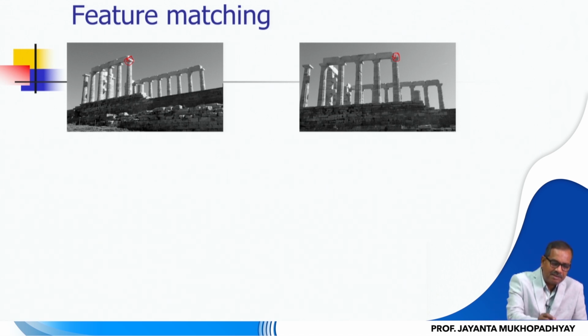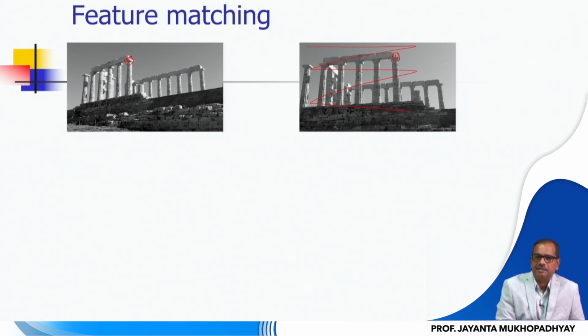For example, I could have considered the neighborhood statistics around this point and made a search over the whole image at every point, trying to see where this kind of structure has similarities, and say, okay, this is the corresponding point. But there are various weaknesses in this approach. One is that it is computationally very intensive if you want to search the whole image, and the other is that it may not be very robust.